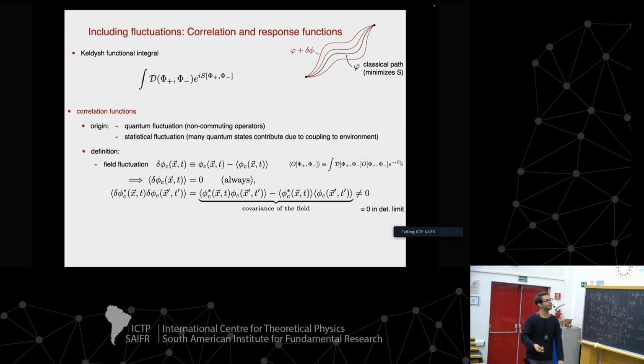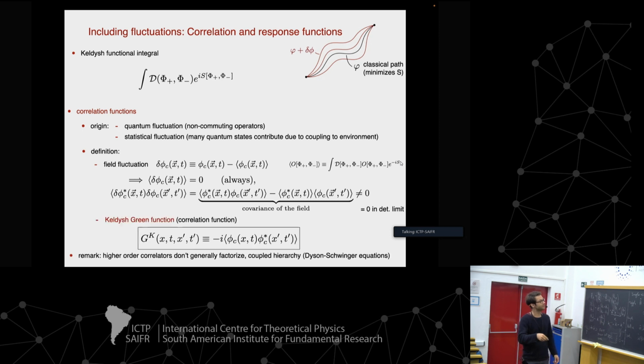So it quantifies the strength of fluctuations. And this is what is defined as the so-called Keldysh correlation function or Keldysh-Green's function. It's a function of two times and points in space, and it's defined like this, and you see that it quantifies the strength of fluctuations.